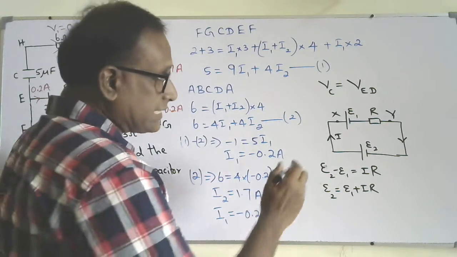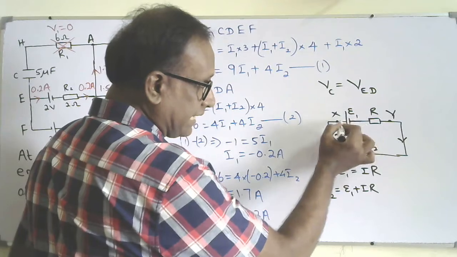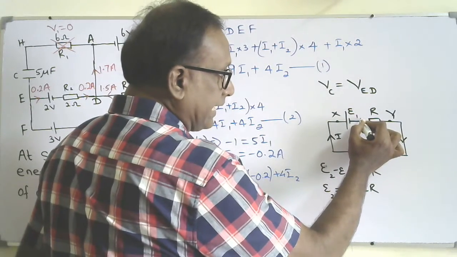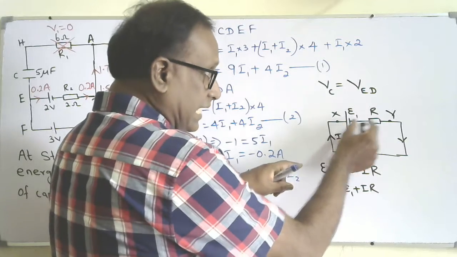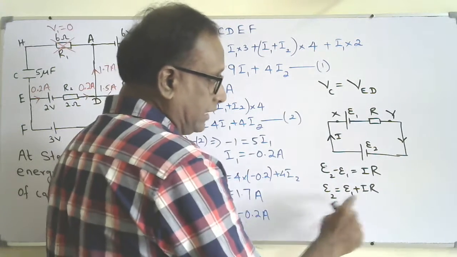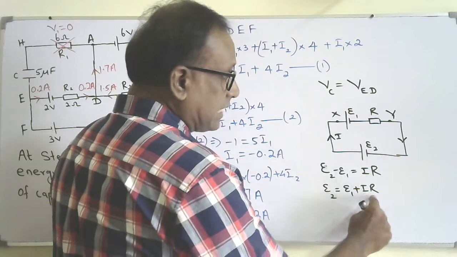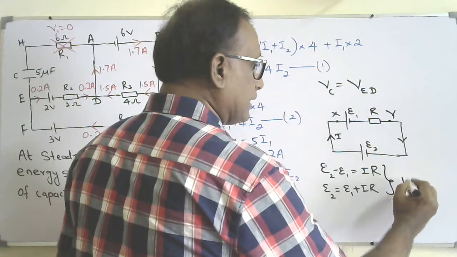The current is flowing into the positive terminal of this cell and coming out through the negative terminal. So the total voltage across the cell and the resistor when the current goes into the positive terminal is E1 plus IR. This is the first thing you should know.